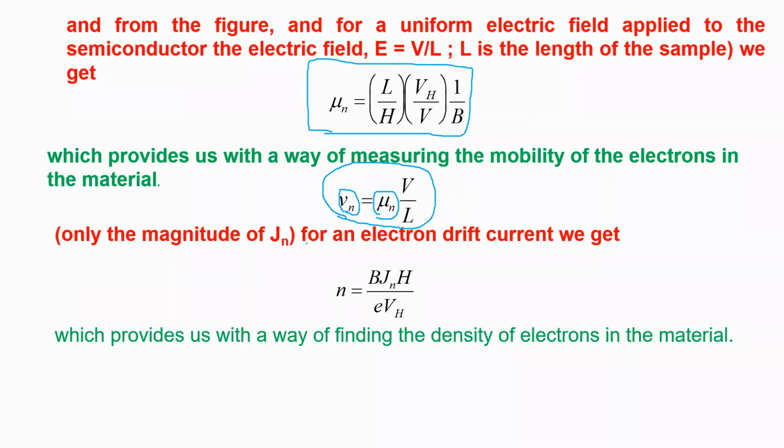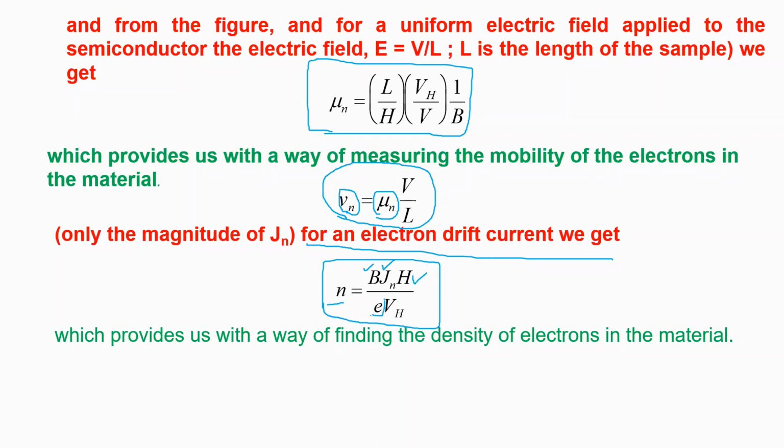And if you want to measure the concentration, then this expression obtained from here can be used to measure the concentration or density of the electrons in the material, where B is your magnetic field, J is your current density, H is your Hall voltage, and Hall coefficient, we can say Hall coefficient.